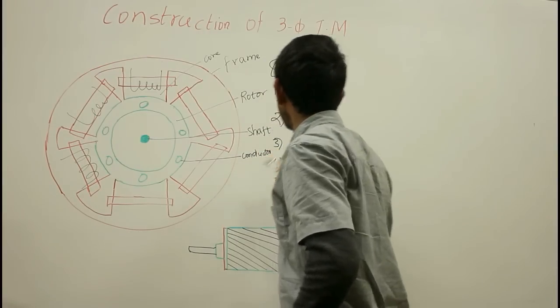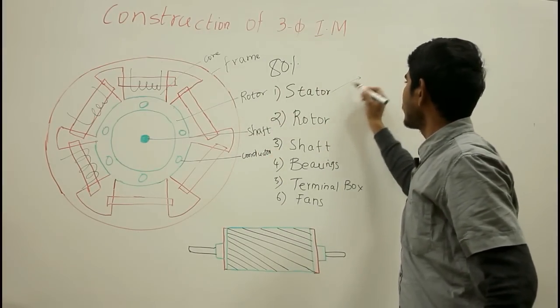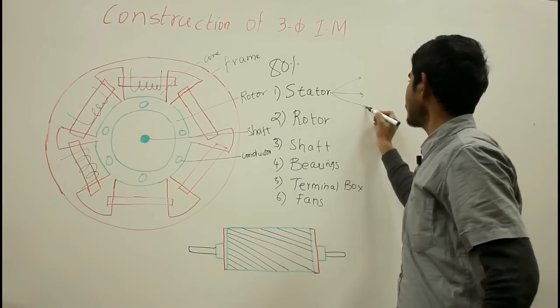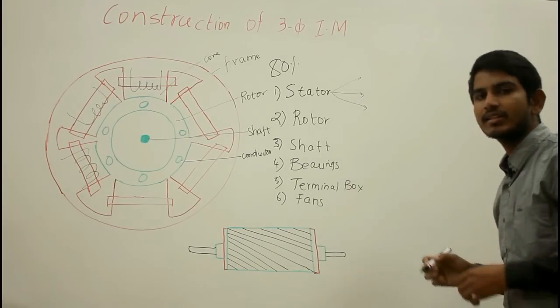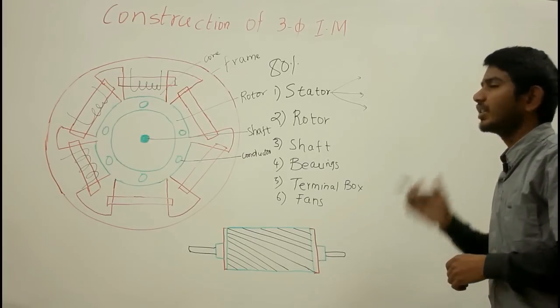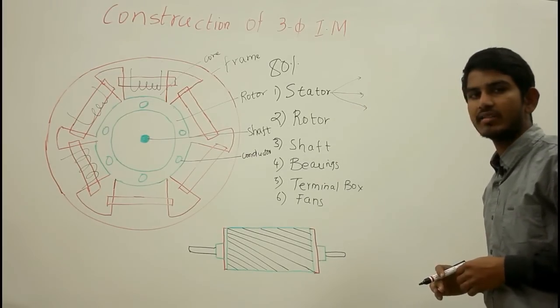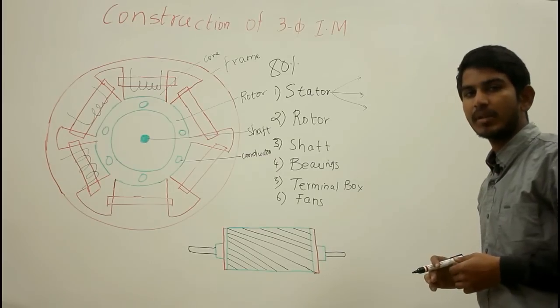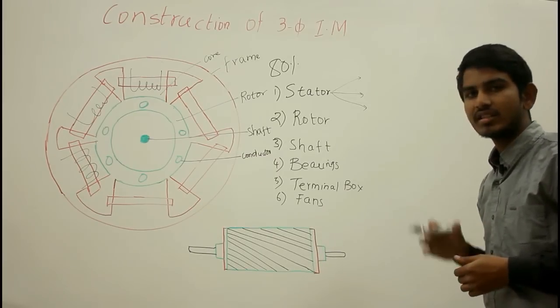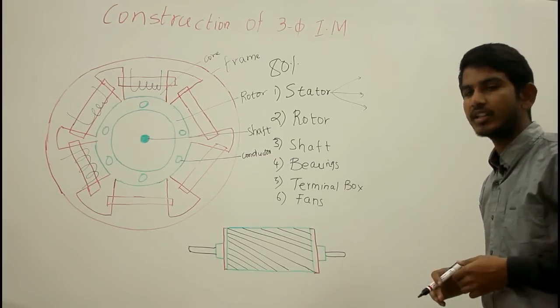Now the stator has mainly three parts. The name itself suggests it is the stationary part of the three-phase induction motor. The stator core carries the three-phase windings to which the three-phase AC supply is given, and the windings are arranged in such a way that a rotating magnetic field is produced.